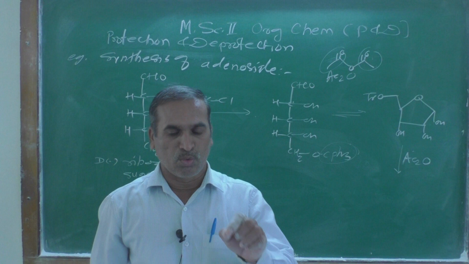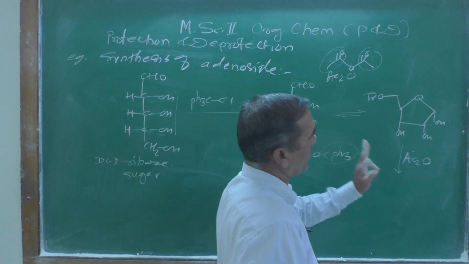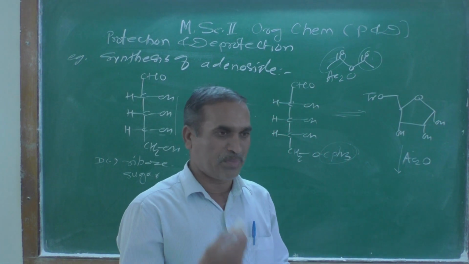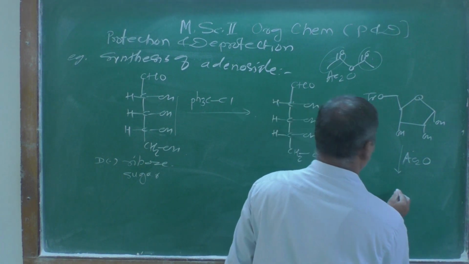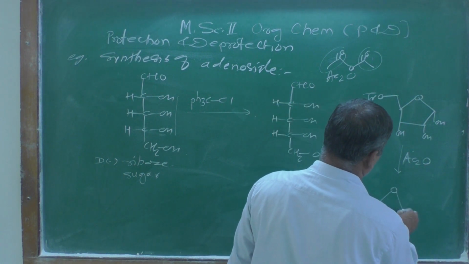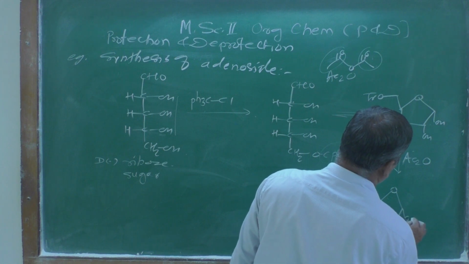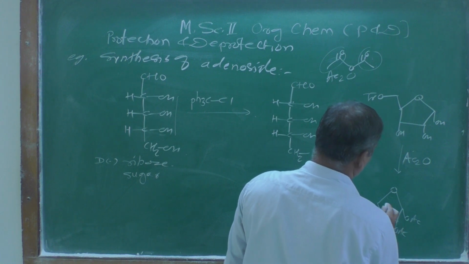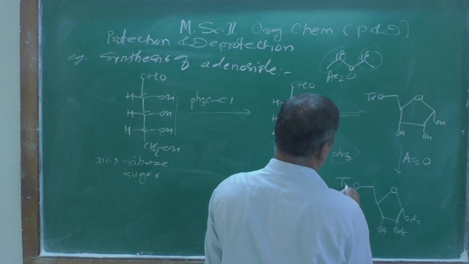And what does acetic anhydride do here? It will protect the secondary alcohol or primary, whatever it may be, they get acylated, and further you get the structure over here: OAc, then OAc, then OAc, and this group is already protected with the trityl group.